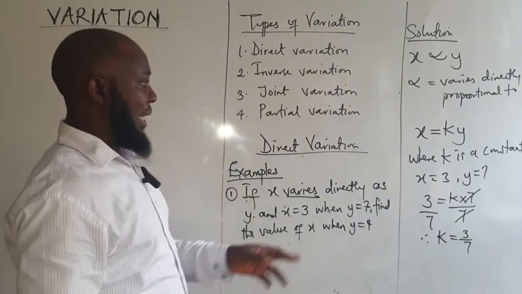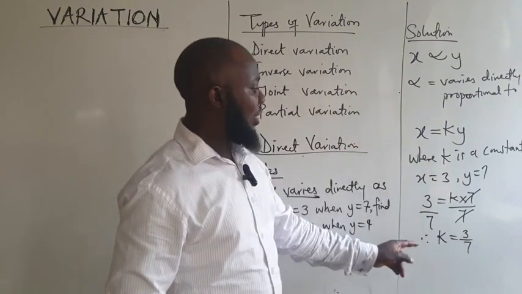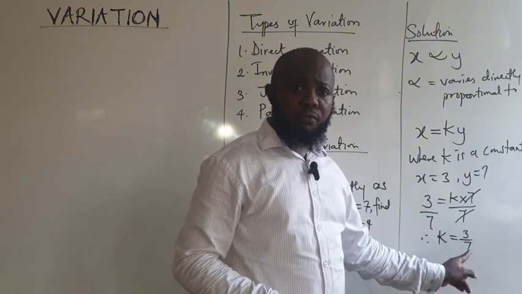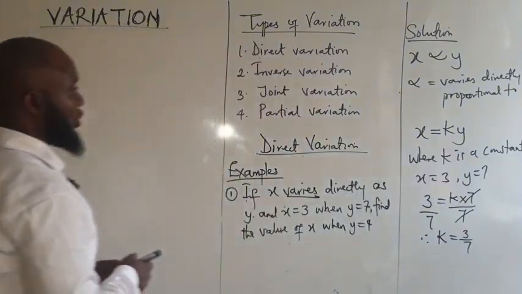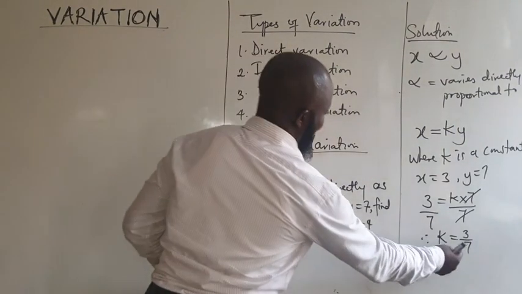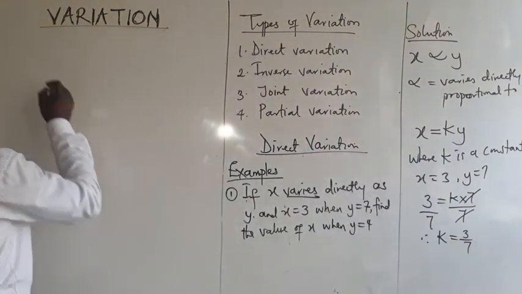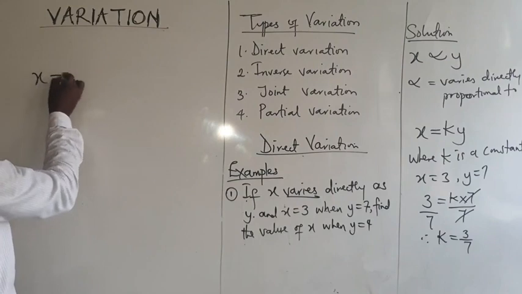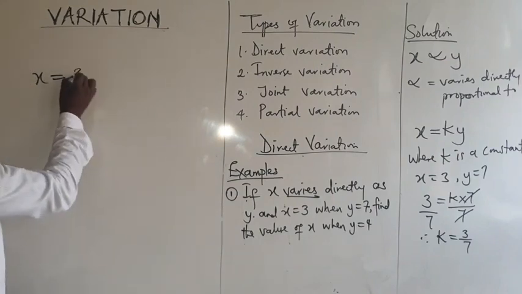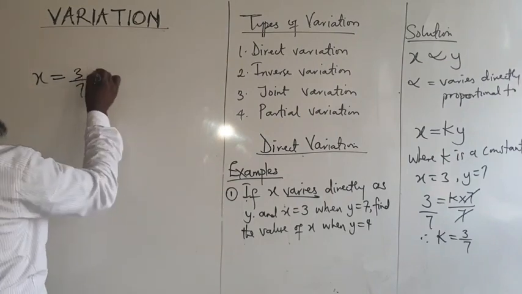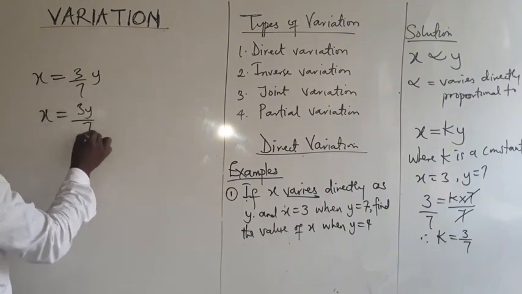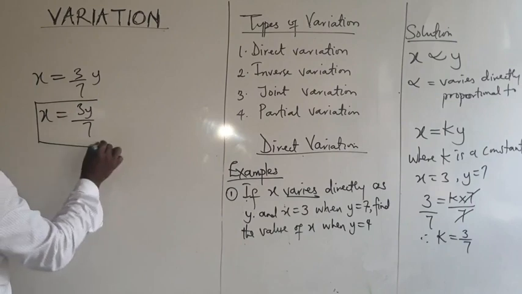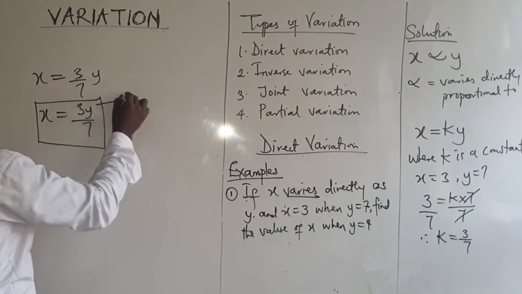It means that we are going to put the value of the constant k into this equation. So that means we substitute the value of k into this equation. Therefore, x will then be equal to k, which is 3 over 7, and then y. So we will now consider that x equals 3y over 7.